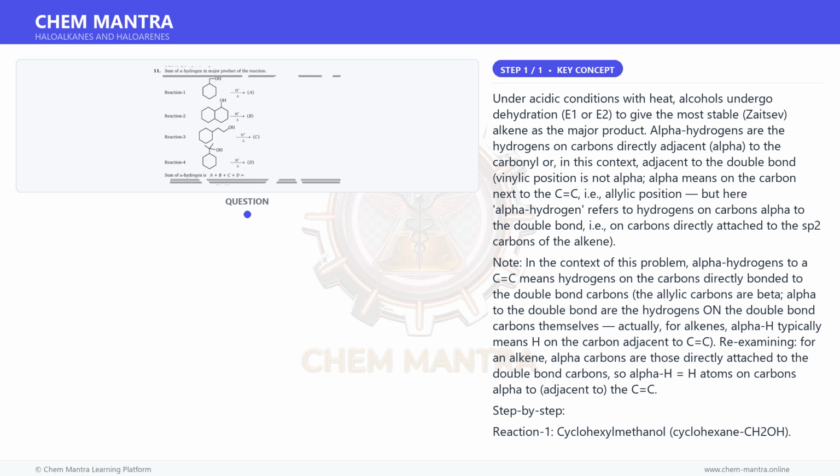Reaction 2. Bicyclic alcohol, decalin system with O at a secondary position, not bridgehead. The structure appears to be 2-decalol or octahydronaphthalenol. Under H plus and heat, dehydration gives the most stable alkene, an octalin, i.e., the conjugated or most substituted double bond in the bicyclic system.